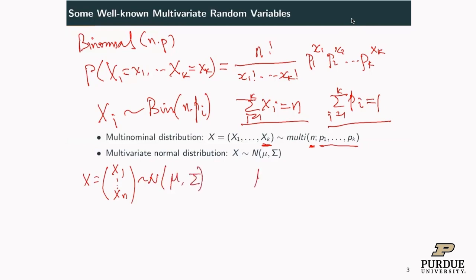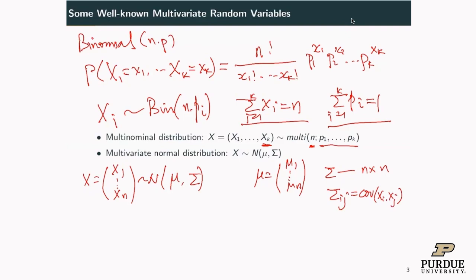The mean vector is mu1 to mu n. The covariance matrix is an n by n symmetric matrix. The ij-th element is the covariance between Xi and Xj, so it's called a covariance matrix.